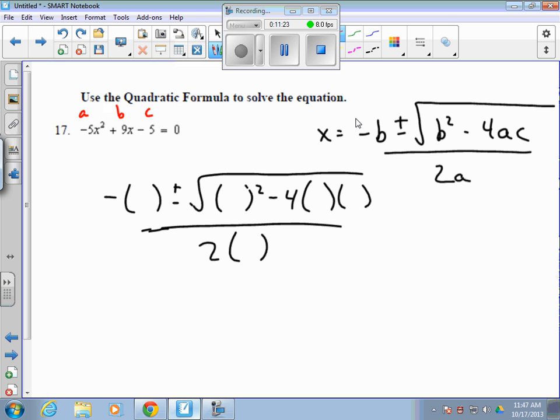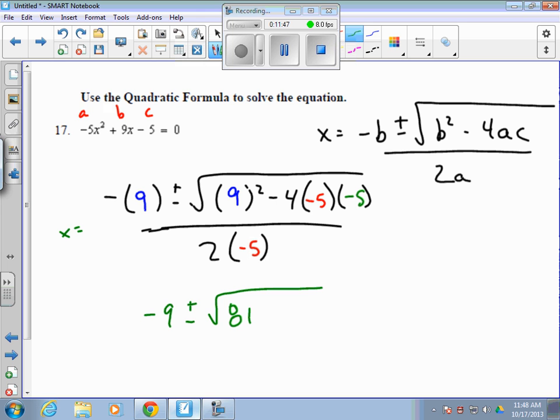So we plug a's value in all of its spots, negative 5 in place of a. When we plug in b's value in all of its places, it's 9, and c's value is negative 5. So all we have to do is simplify it from there, and all that's equal to x. Negative 9 plus or minus the square root. 9 squared is 81.